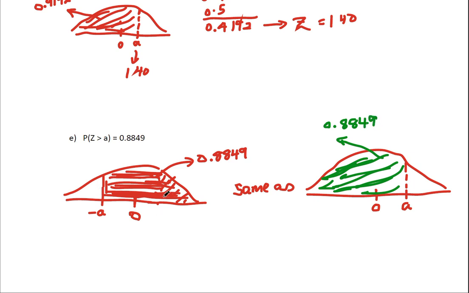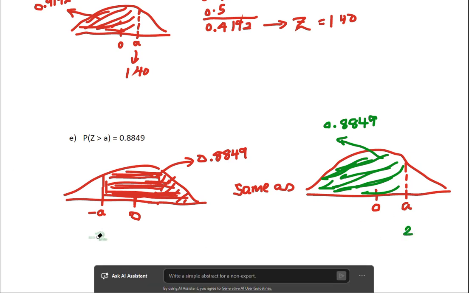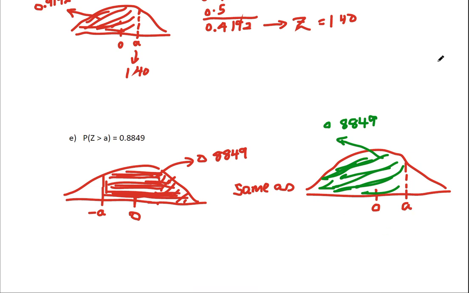So again, the area to the right of a negative value is the same as the area to the left of the positive value that corresponds to that. For example, if A was negative 2, the area to the right of negative 2 would be the same as the area to the left of positive 2. This is a fact because the curve is symmetric. When you're working with a negative value and you're only given the positive side of the half table, as is very common and as is the case in our worked examples here, we have to flip the curve.